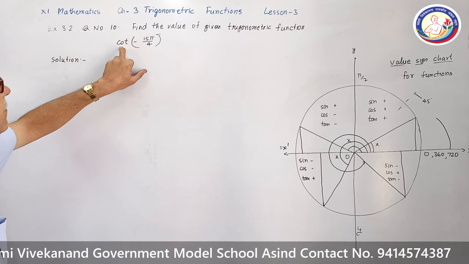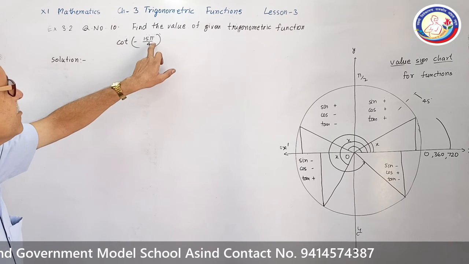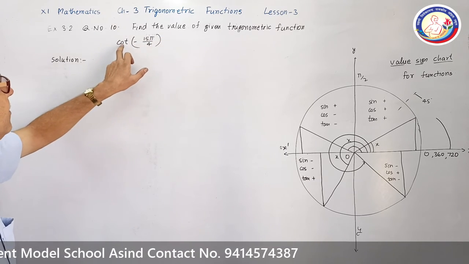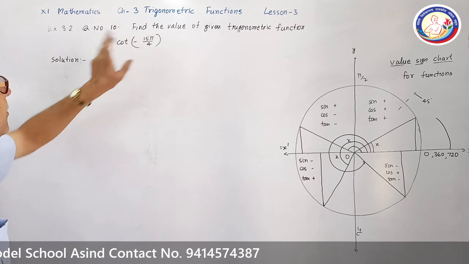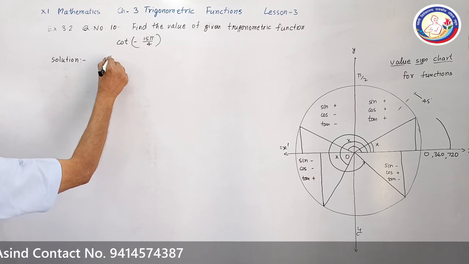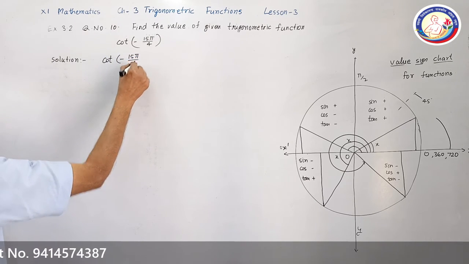Here it is minus 15 pi by 4. The angle is minus 15 pi by 4, and we have to find the value of cotangent for this angle. So cot of minus 15 pi by 4.